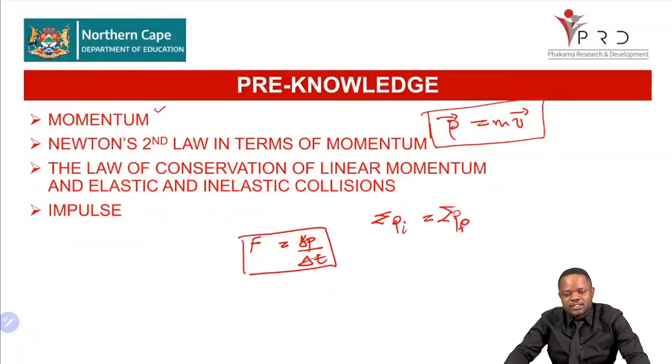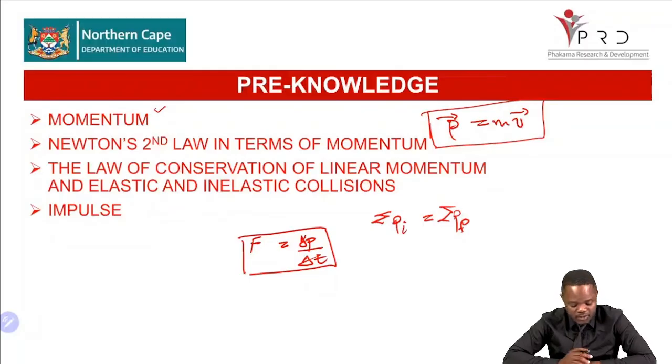When it comes to elastic and inelastic collisions, remember that during an elastic collision, the sum of the initial kinetic energy is equal to the sum of the final kinetic energy. In other words, kinetic energy is conserved. On the other hand, for an inelastic collision, kinetic energy is not conserved.